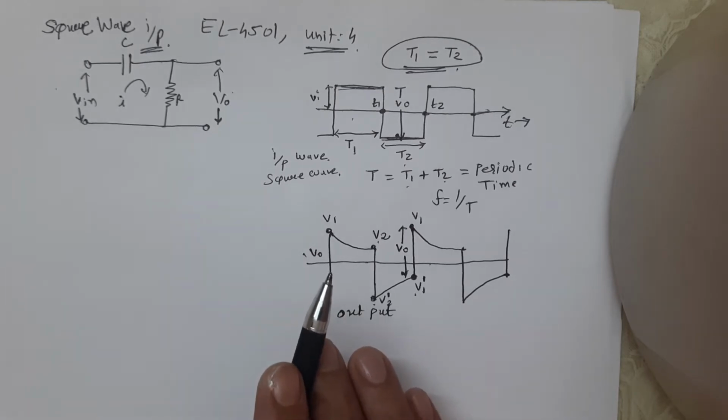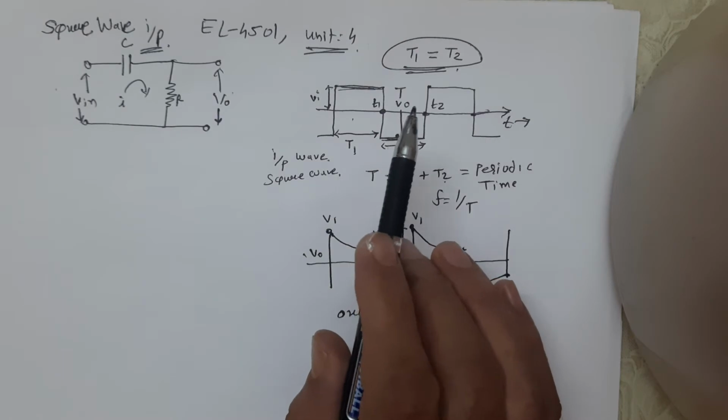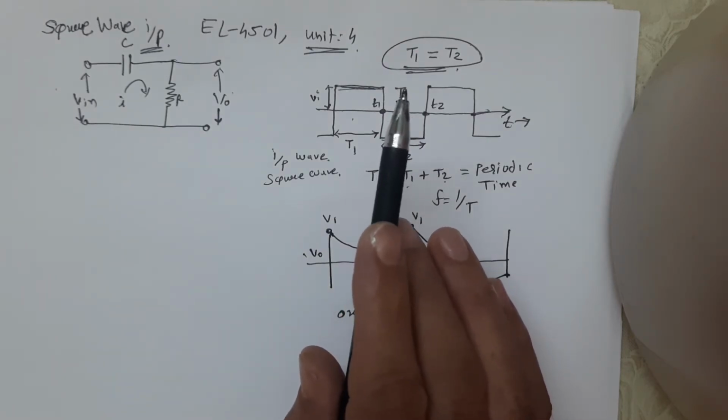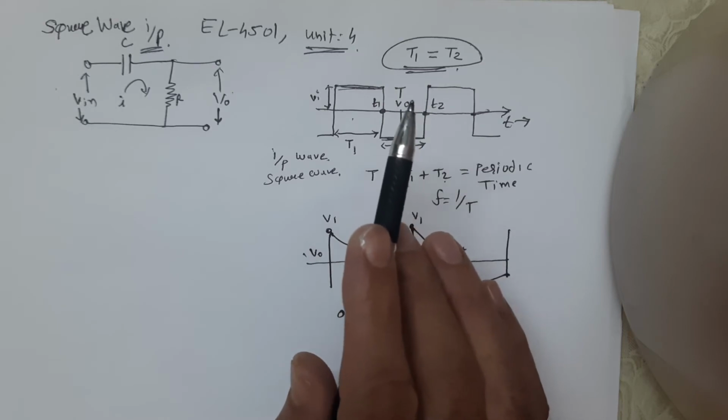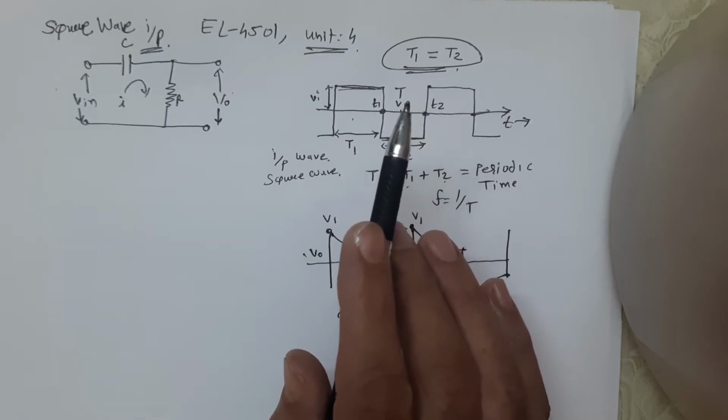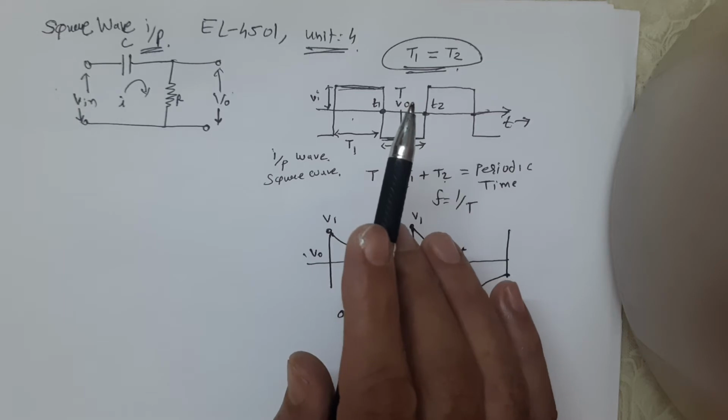A waveform which maintains itself at one constant level for a time capital T1 and another constant level for a time capital T2, and which repeats with a period T1 plus T2, equal to capital T. T1 being equal to T2, hence the waveform is known as a square wave.